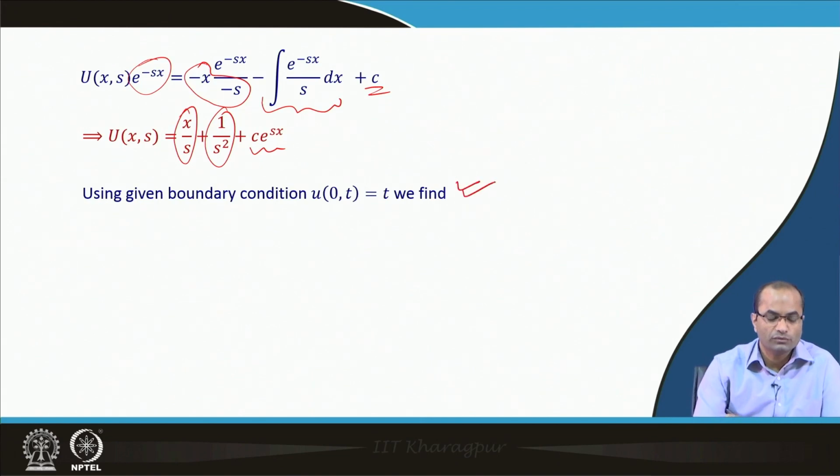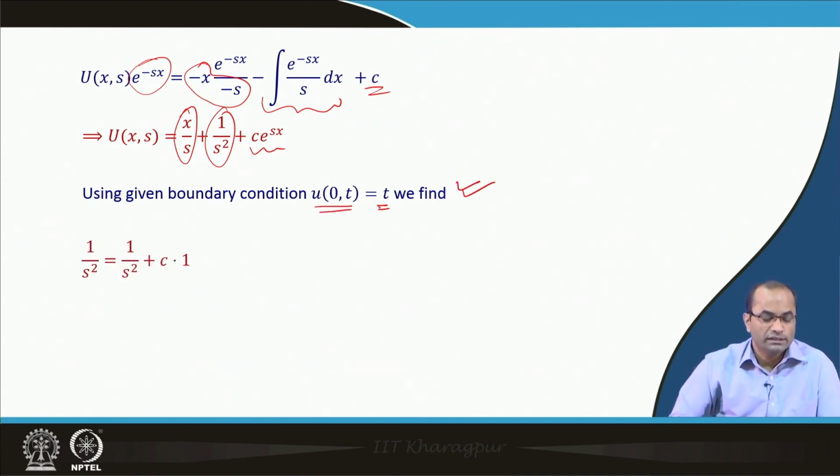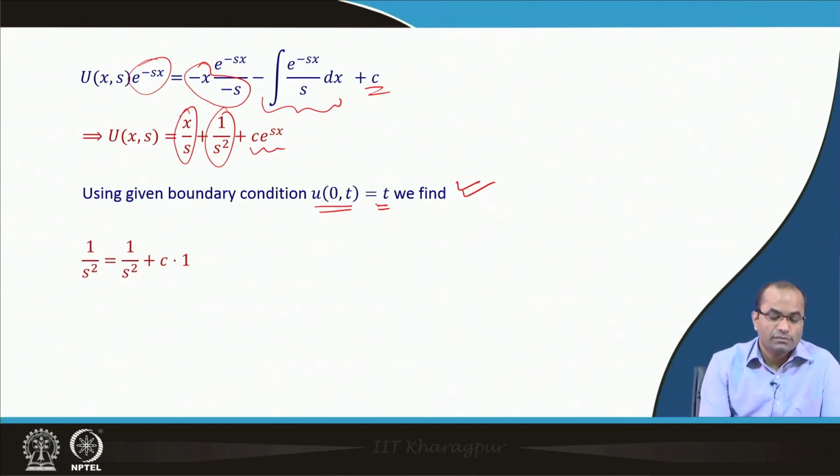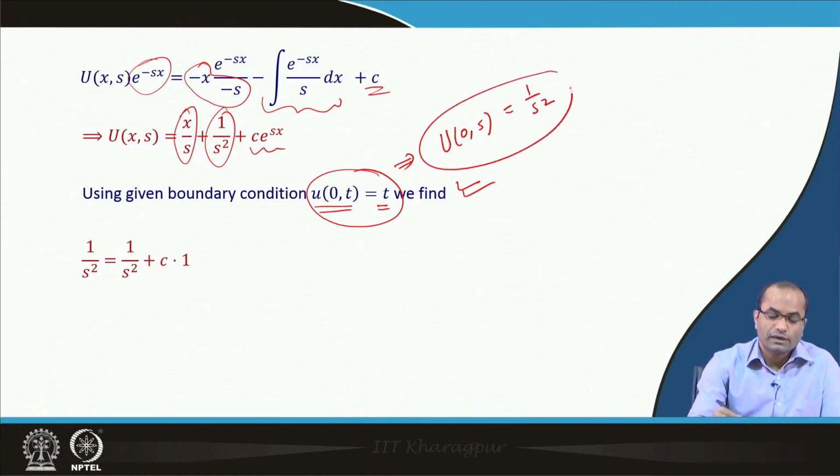Now we can use the boundary condition, which is u(0, t) equal to t. Using this boundary condition, we have to take the Laplace transform of it as well. Taking the Laplace transform, we get U(0, s) equal to the Laplace transform of t, that is 1 over s squared. Having this information, we can use it in this equation.